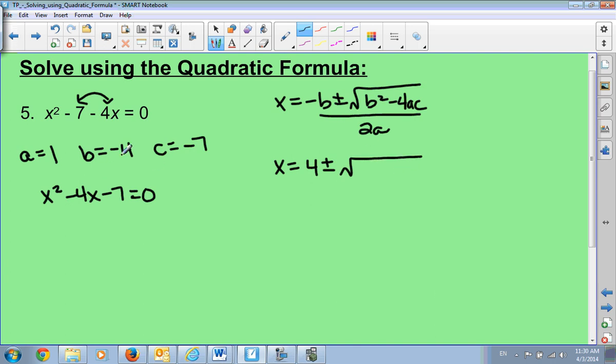Okay. B squared. -4 squared is positive. It will always be positive. Any kind of number, negative or positive squared, will be positive. -4 times 1 times -7, all over 2 times 1.